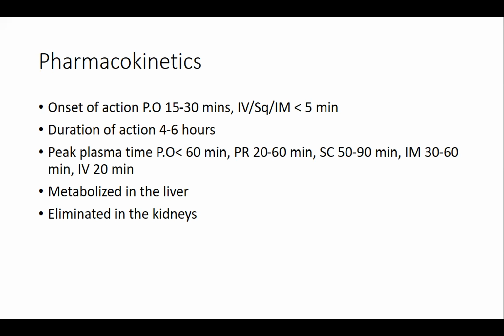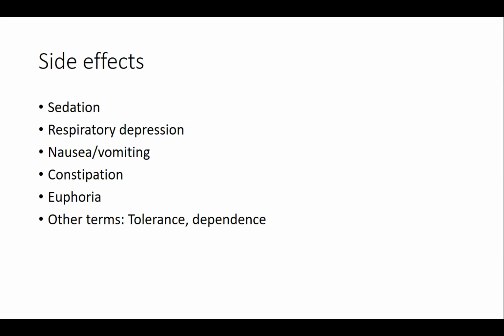So you give them another dose on top of the regular dosing and then see how to adjust the dose later. For metabolism, it happens in the liver and is eliminated in the kidneys. So if a patient has challenges with their kidneys or liver, it's important to adjust the doses or the frequency of giving this pain medication, that is opioids.